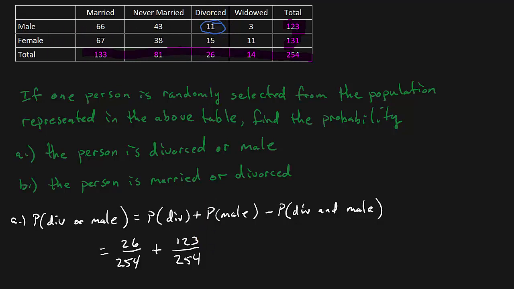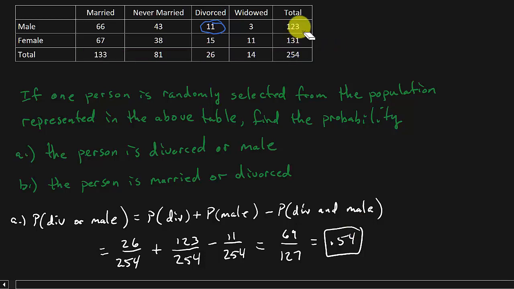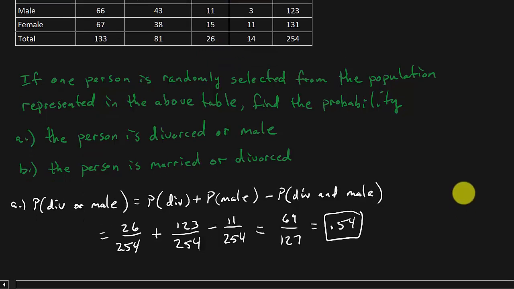So that's going to be minus 11 over 254. And that is going to be equal to 69 over 127, which is about 0.54. So that's your probability.